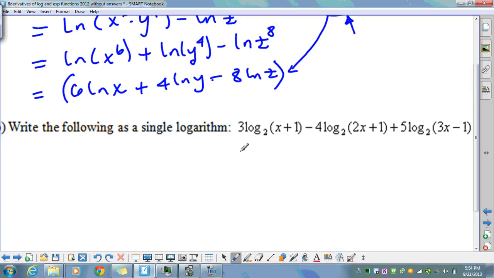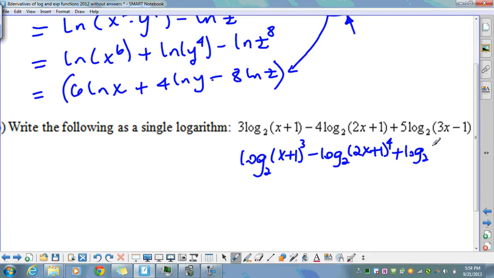So this can be written as log base 2 of x plus 1 to the third minus log base 2 of 2x plus 1 to the fourth plus log base 2 of 3x minus 1 to the 5.